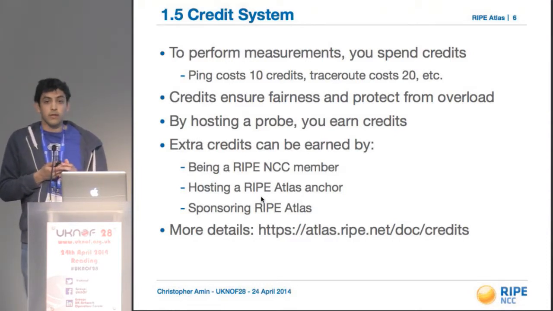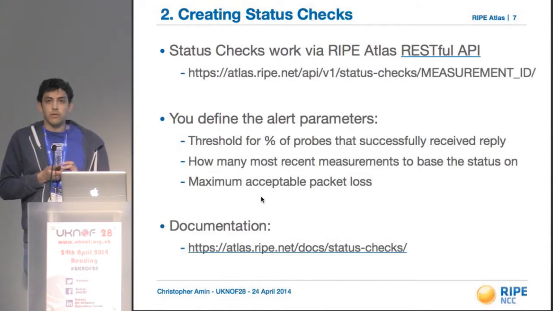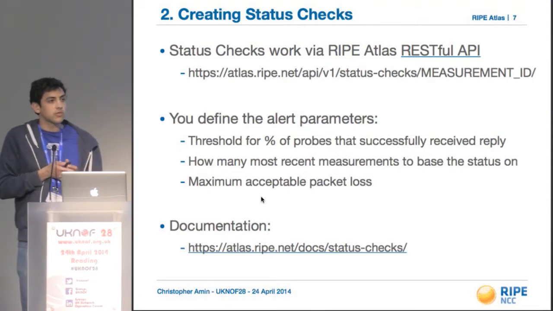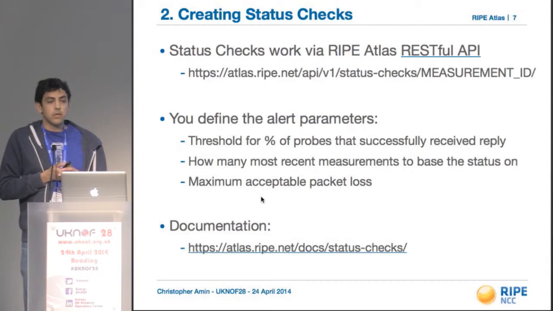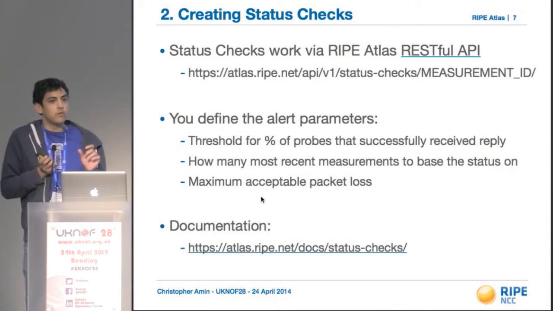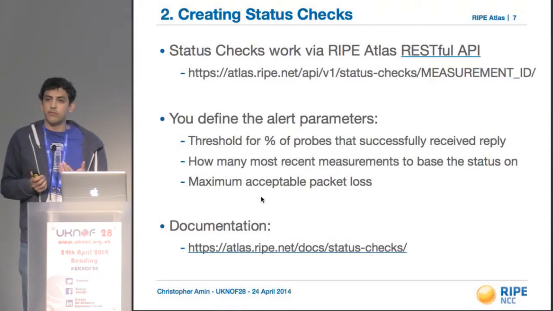You can also get credits by sponsoring RIPE Atlas or hosting an Atlas anchor, and I'll touch on those things in a bit. So the status checks, once you have your measurement created, so say you've just created a ping measurement to one of your servers, you can go to a REST API URL, and that URL will basically give you a look back at the recent history for this measurement, and it will have a few indicators in there to see how well it's been performing recently.